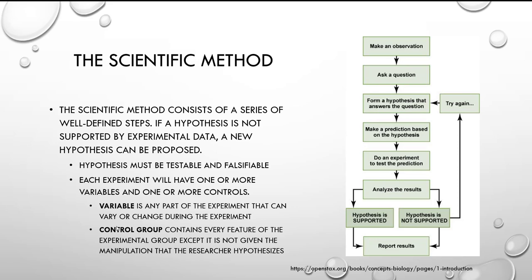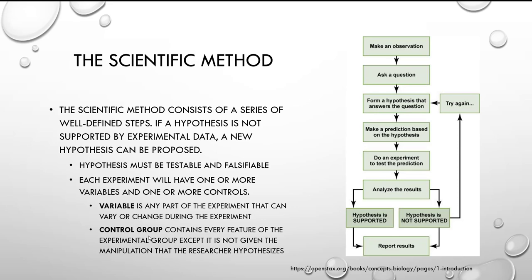That would be the control group. It's the control group because it's the comparison group. It's the one that we use to see if fertilizer even has an effect. So if plants 1, 2, and 3 grow a lot and plant 4 doesn't grow at all, then we know that yes, fertilizer does have an effect.